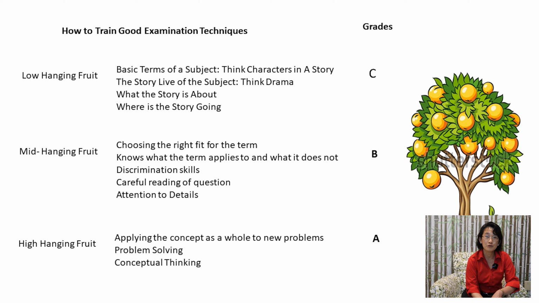The mid-hanging fruit requires a bit more attention to detail, where the student would have to pick the right answer from two very similar answers, equally likely. It requires their discrimination skills. When you are able to discriminate between one answer and a better answer, you are able to apply your basic knowledge in some direction.